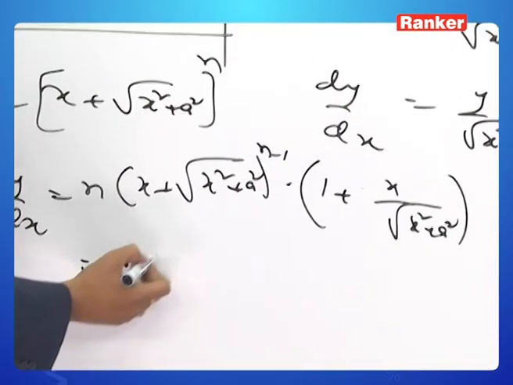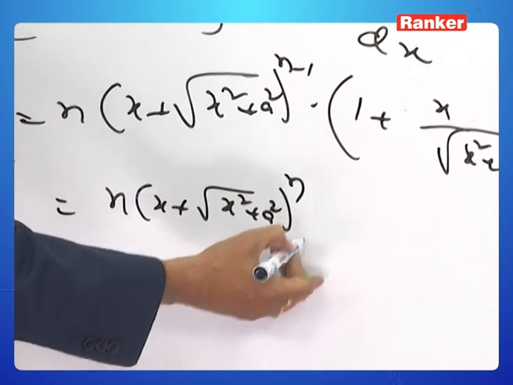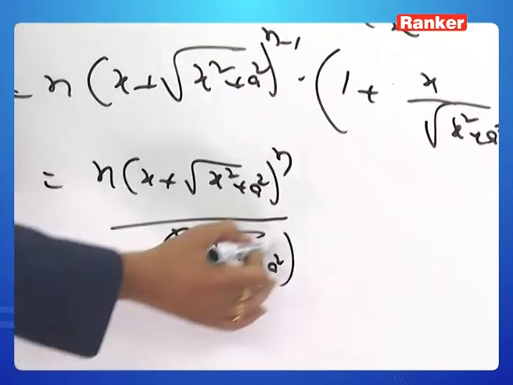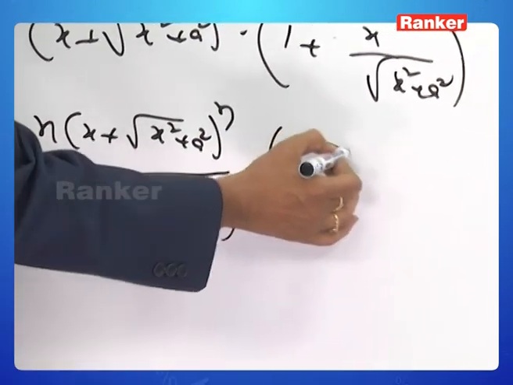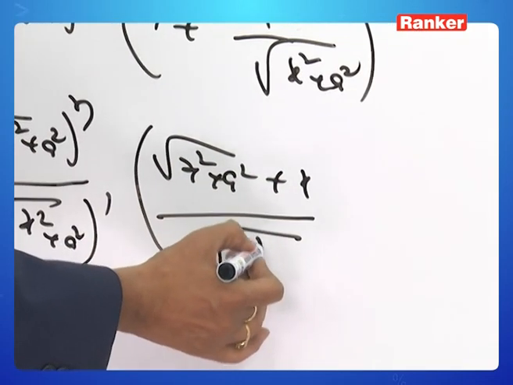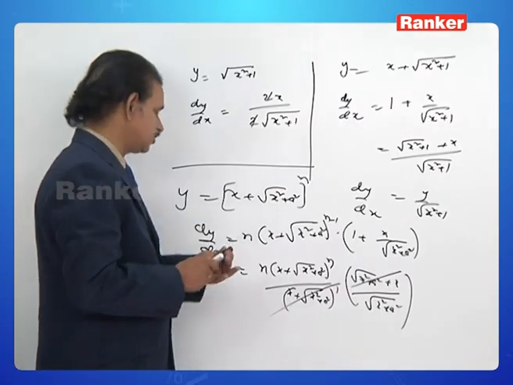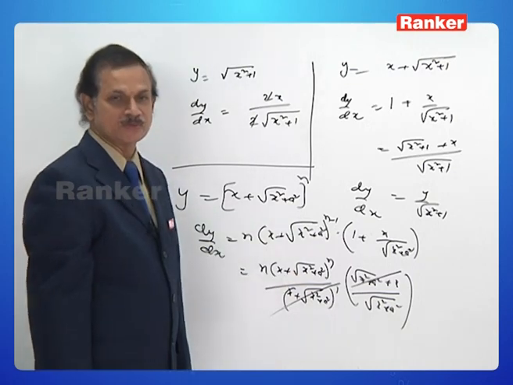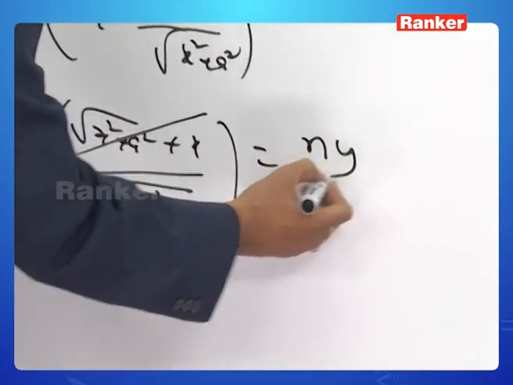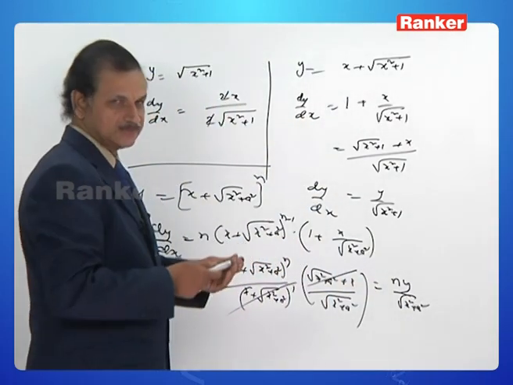Okay, this is n into (x plus root of x square plus a square) whole to the power of n minus 1 into (root x square plus a square plus x) by root of x square plus a square. You tell me what is going to happen. That will get cancelled. n into what is x plus root of x square plus a square? It is y. So it is ny by root of x square plus a square.